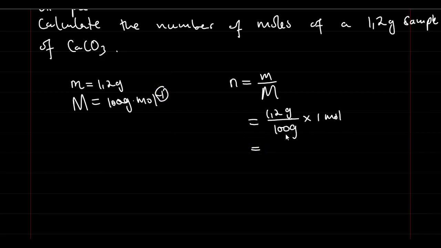Now grams cancel grams, and I'm left with moles. So 1.2 divided by 100. How much am I going to have? I'm going to have 0.012 moles of calcium carbonate. This is how you calculate number of moles.